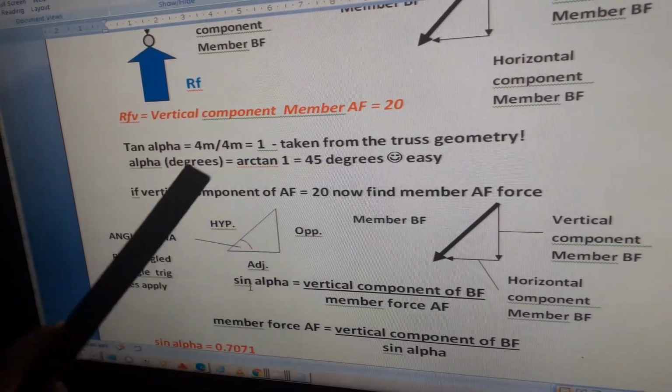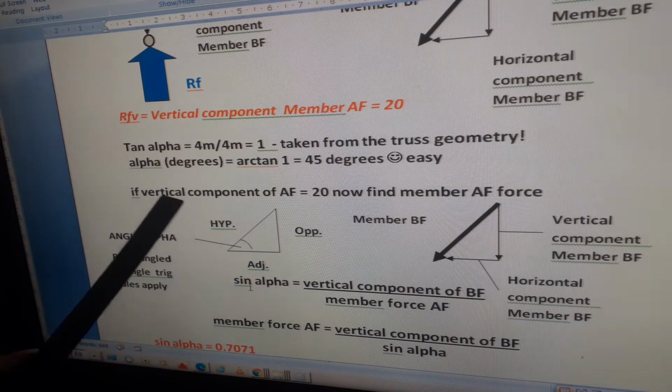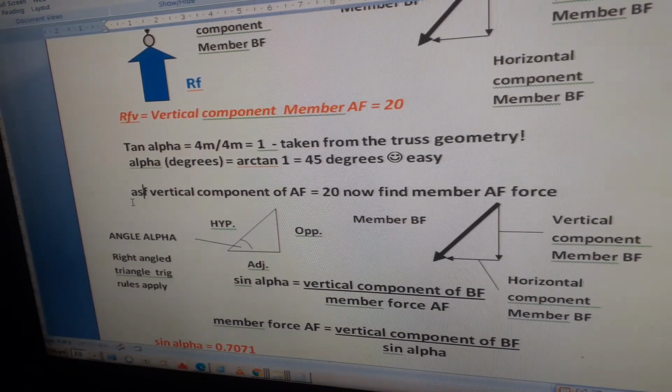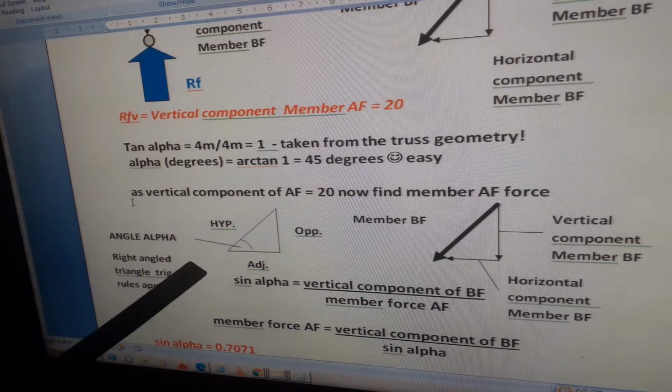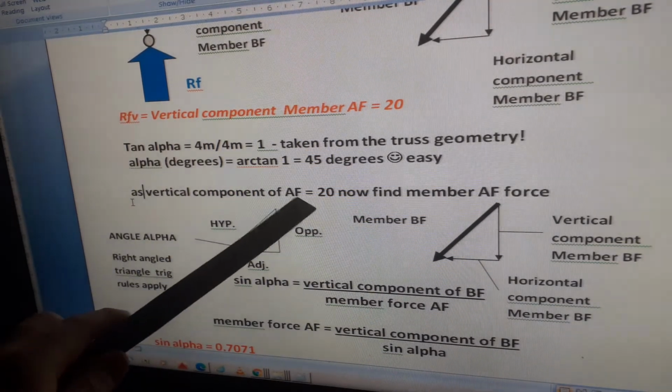So this is very easy. They're giving you a chance because maybe this is only year 1 joiners. This is very simple. So the vertical component of BF equals 20.